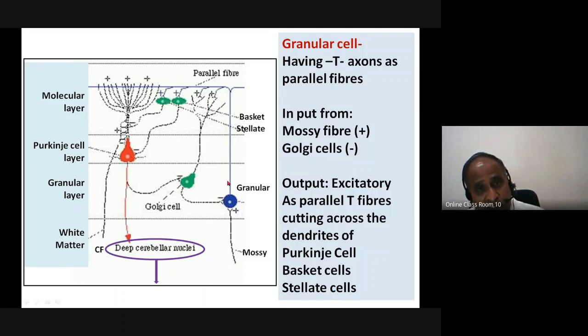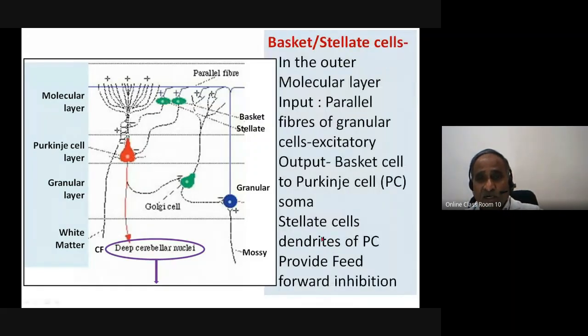That means the submitted information, the electrical signal, is being inhibited because it has been excited by the granular cell itself, and this is known as feed forward inhibition.